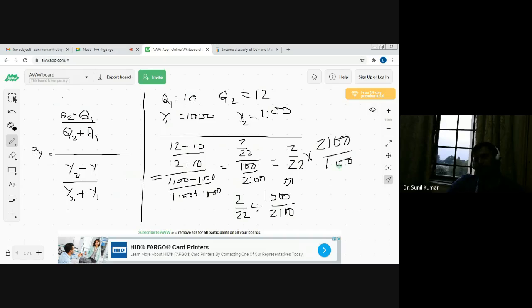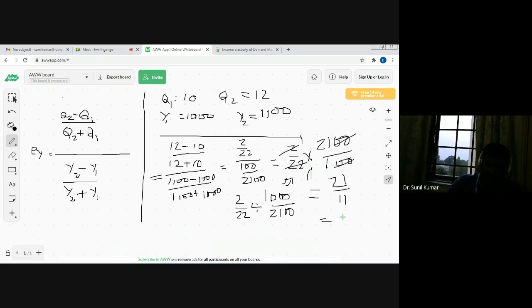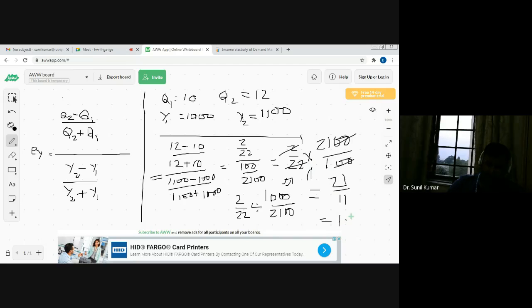Cut these two zeros, and 2 into 11 gives 22, so we get 21 upon 11. If you solve it, we will get about 1.99. This will be the answer.